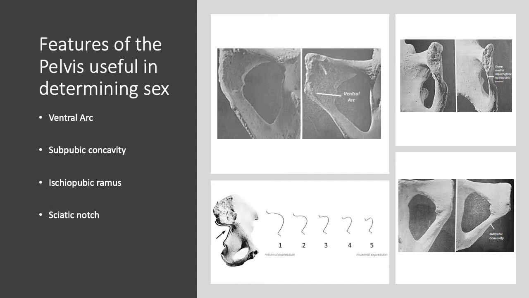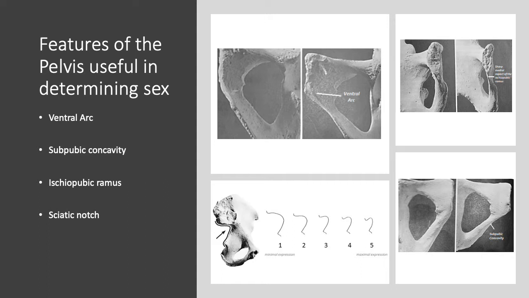You can see in the bottom left illustration there a score of 1 through 5 of the angle of that sciatic notch, with a very robust male pelvis exhibiting the trait of the sciatic notch more towards the right end of that spectrum, and female pelvises towards the left end.